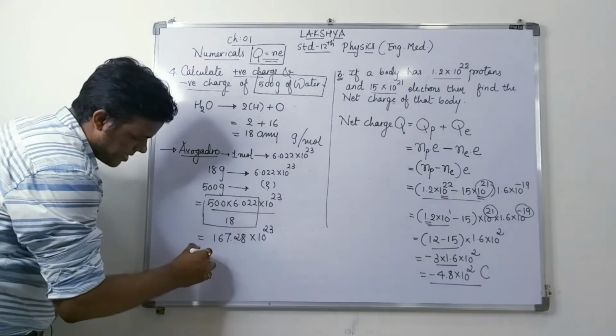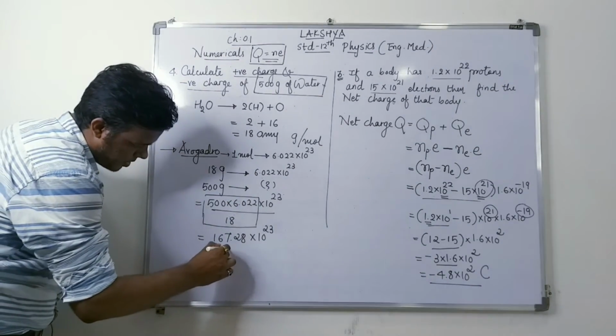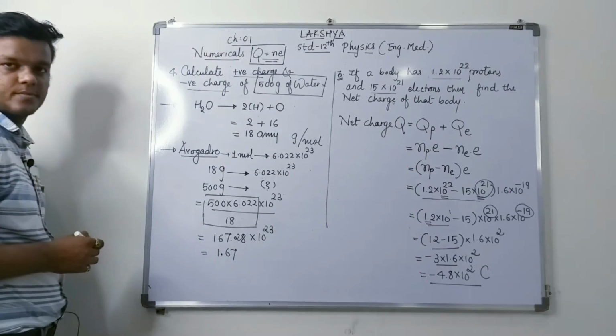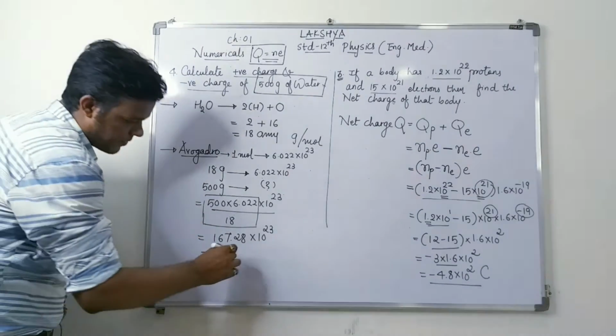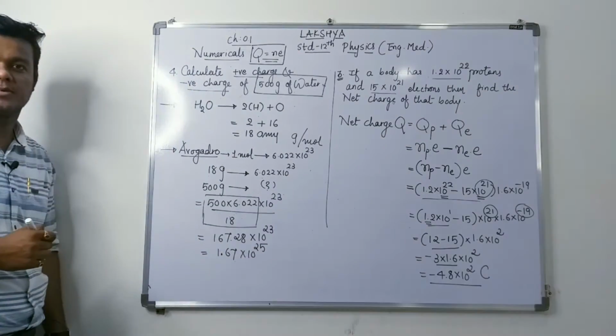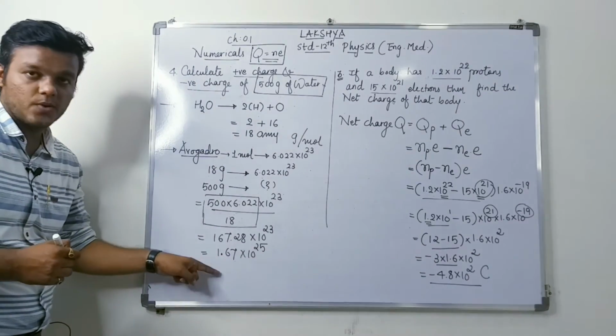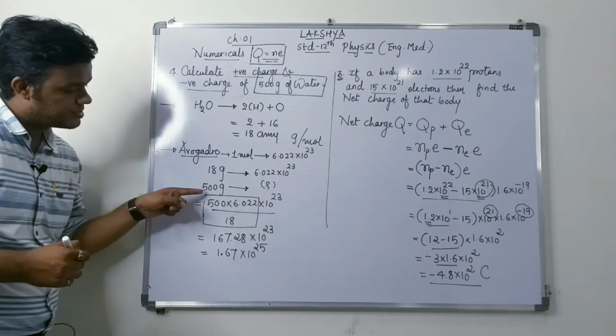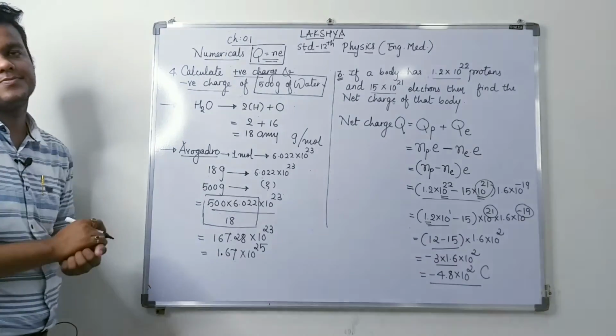If I settle this point, 1.67 into 10 raised to 25. This many molecules 500 gram of water has.